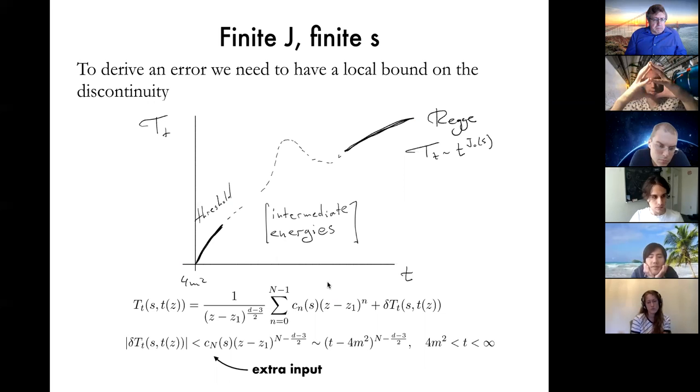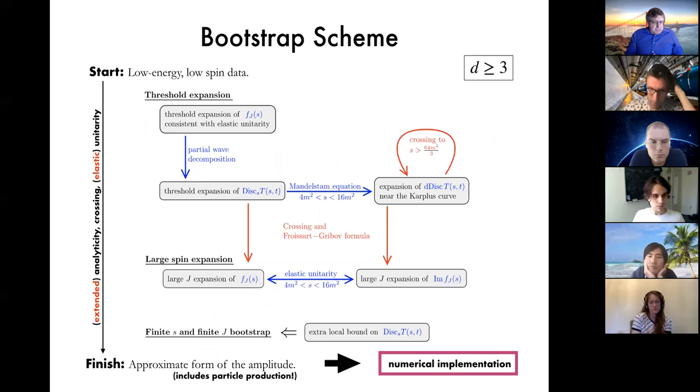So it's maybe not so surprising. I start with the threshold, I computed everything in terms of the threshold, and now I put a bound on the error bar. I can, of course, compute the errors, but there is no known rigorous local bound on the discontinuity, so if you want to use formulas for finite J and finite S, you need this extra phenomenological input. And let me wrap up about numerics.